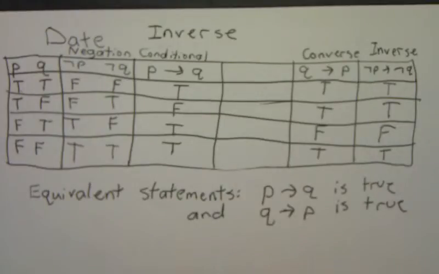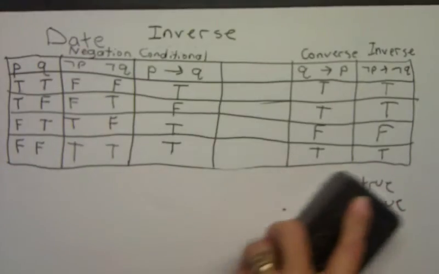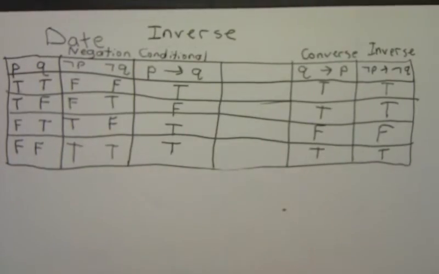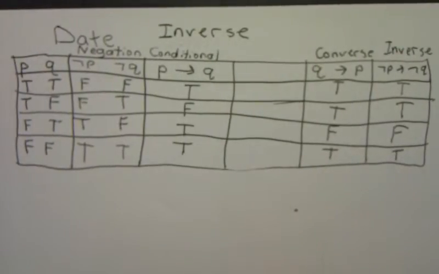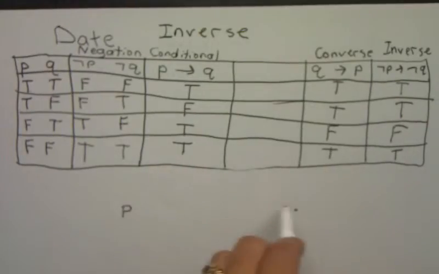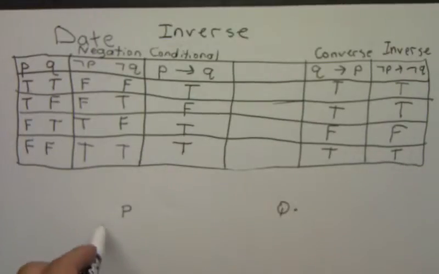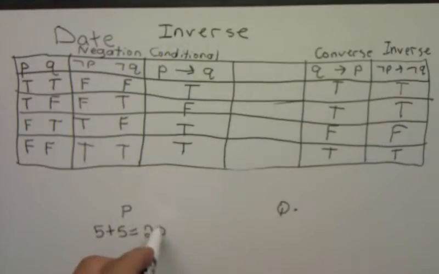Okay, so let's try some of these and see how we do. You should have those in your notes by now. Okay, this says, okay, this is my conditional, okay? The first thing we need to do is label P and label Q. P says, if 5 plus 5 is 20, P says 5 plus 5 is 20, okay?